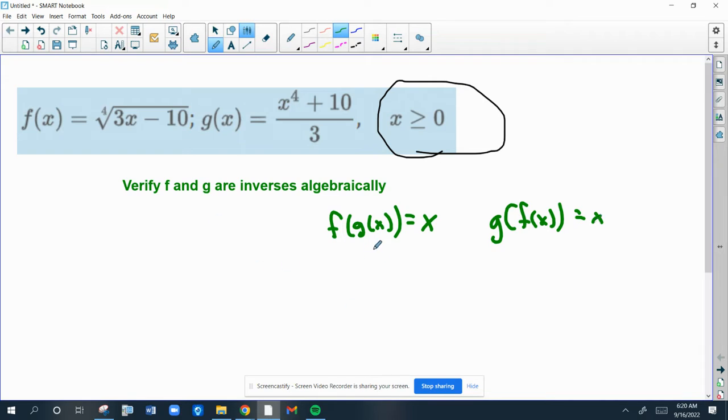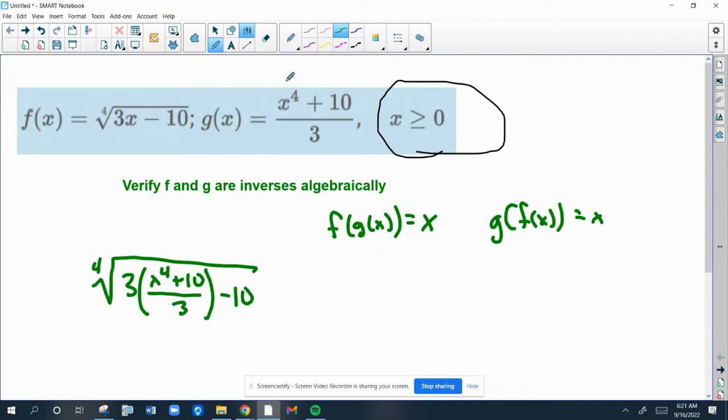So f of g of x, let's do that first. That means plug g in for f. So we'll have the fourth root of 3. And now instead of x, we're going to use g. So it looks like it's going to be a mess. And then minus 10.